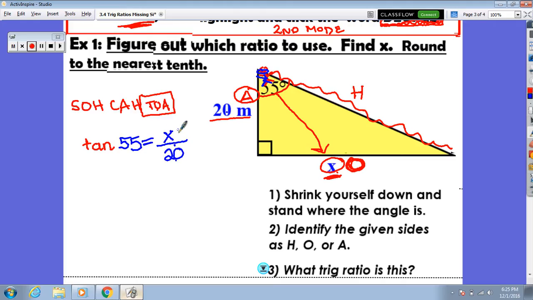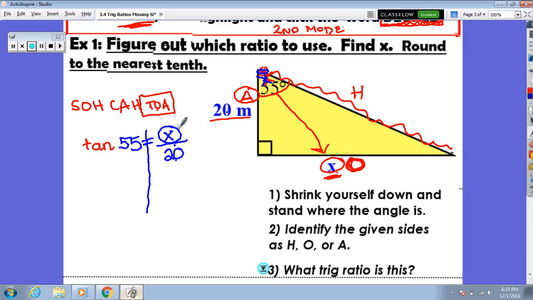Now you see this looks like an equation, okay? We have a variable on this side of the equation. Wherever your variable is, you are solving for that variable. Notice we're not solving for an angle because we have the angle degree. So what would you do to this problem in order to get x by itself?